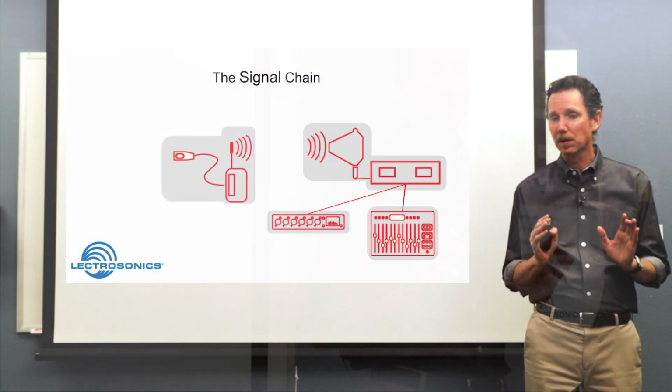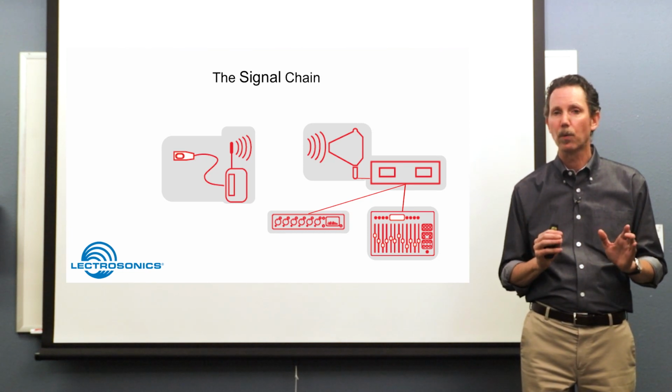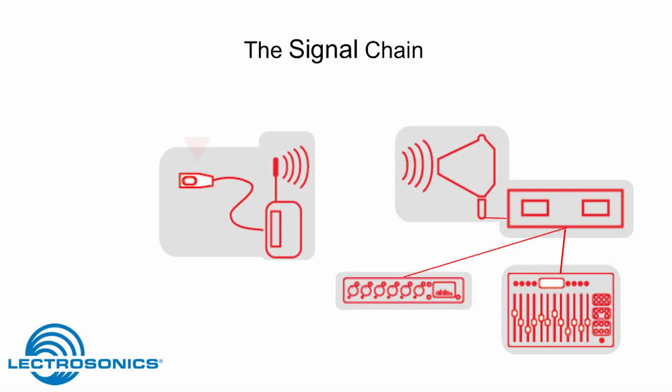So let's look at the audio signal chain of your wireless mic system. You're starting out with a microphone, either a head-worn mic, a lav mic, a handheld mic, or an instrument source for that source in the first place. Then there is a mic preamp in the transmitter itself that takes that microphone signal and boosts it, so now it's essentially a line level signal going through the rest of the signal chain.